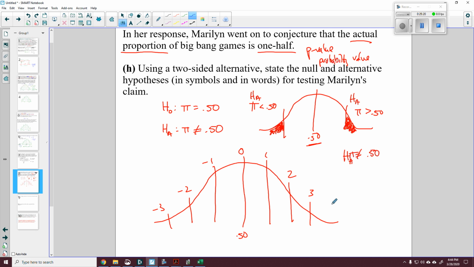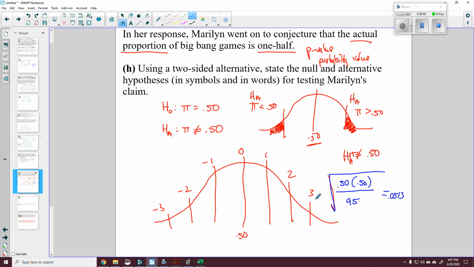So I'm going to have the square root of 0.50 times 1 minus 0.50, which is again 0.50, divided by our 95 games. And that, when I work it out, equals 0.0513. So that is my standard deviation here for this model.